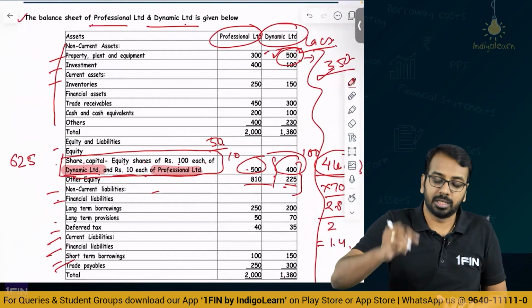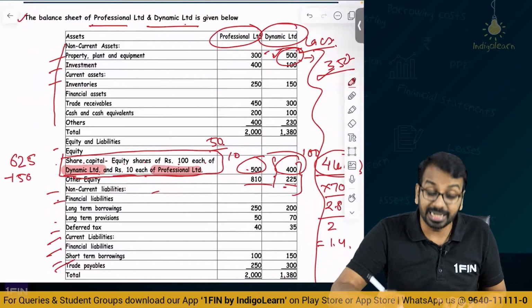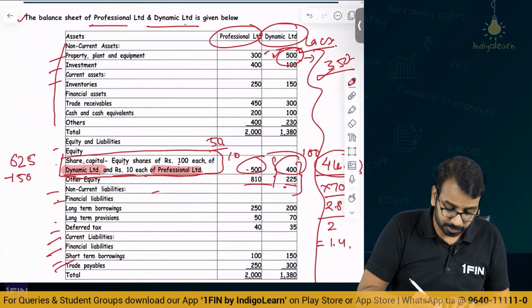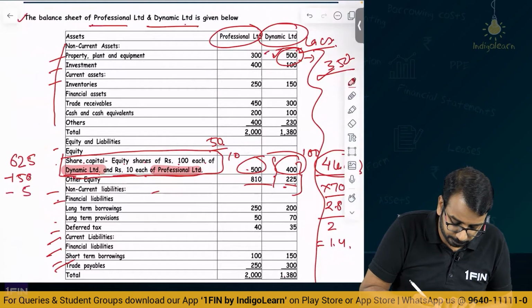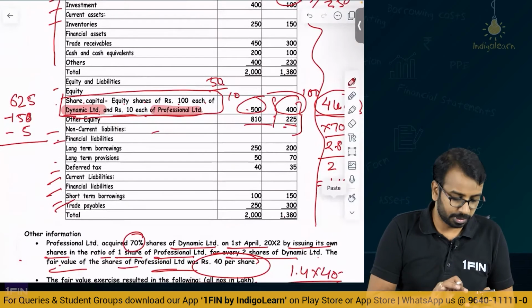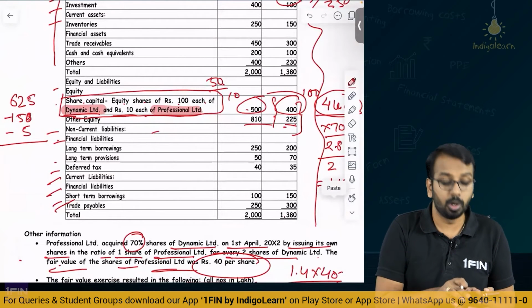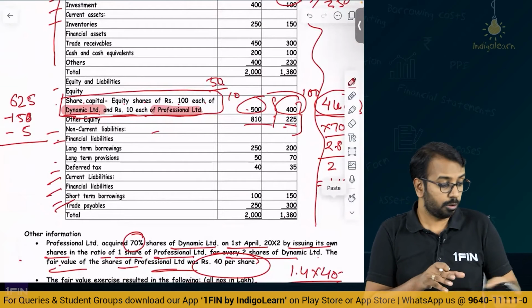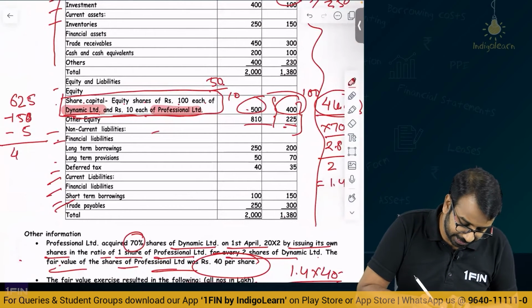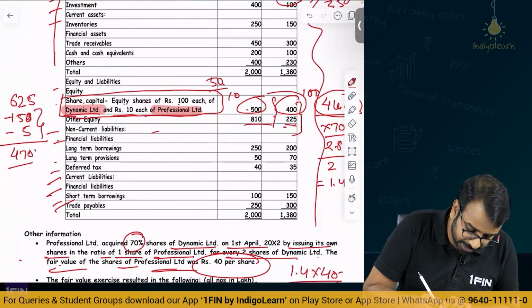PPE is down by 150, so minus 150. Then there is a contingent liability of 5 which comes up, minus 5, right? So 625 minus 150 minus 5. If I do, I get 470, right? So 470 is the identifiable net asset.